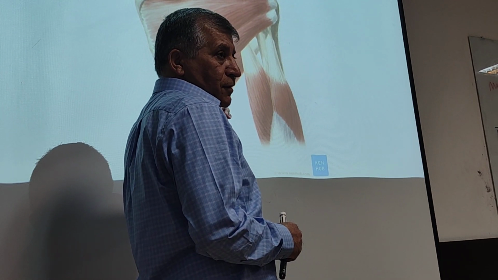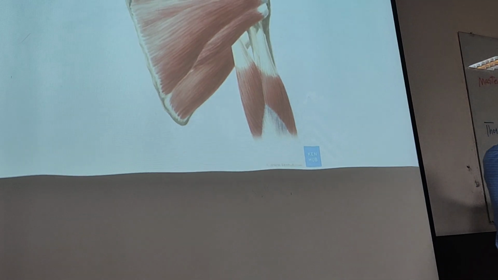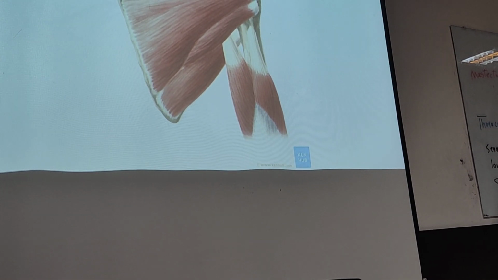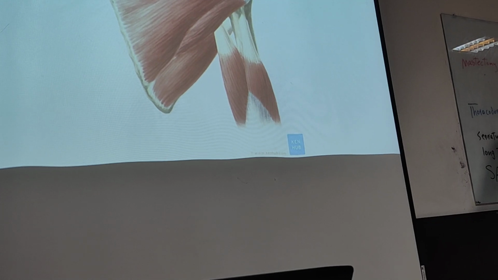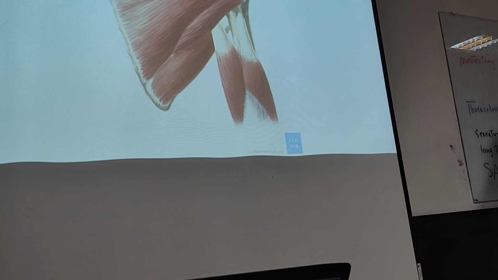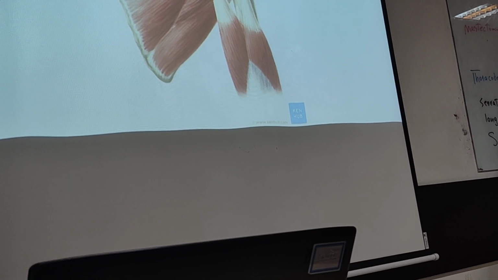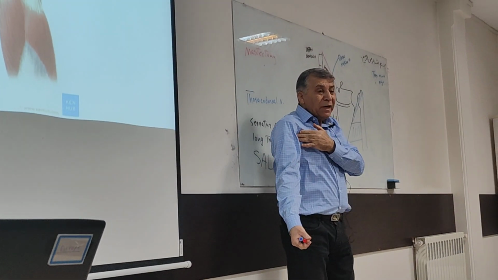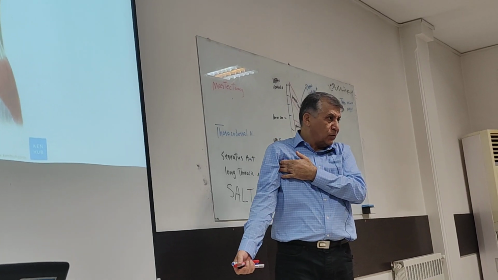Teres major originates from the lateral border, moves forward. What is this muscle like? It is like latissimus dorsi, moves forward and attaches to the medial border of the intertubercular groove.